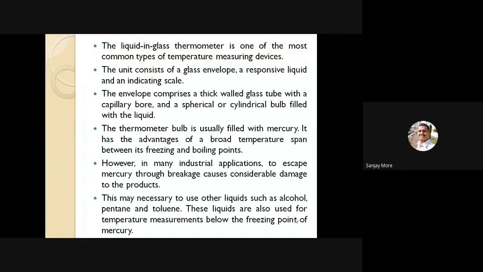The thermometer bulb is usually filled with mercury.